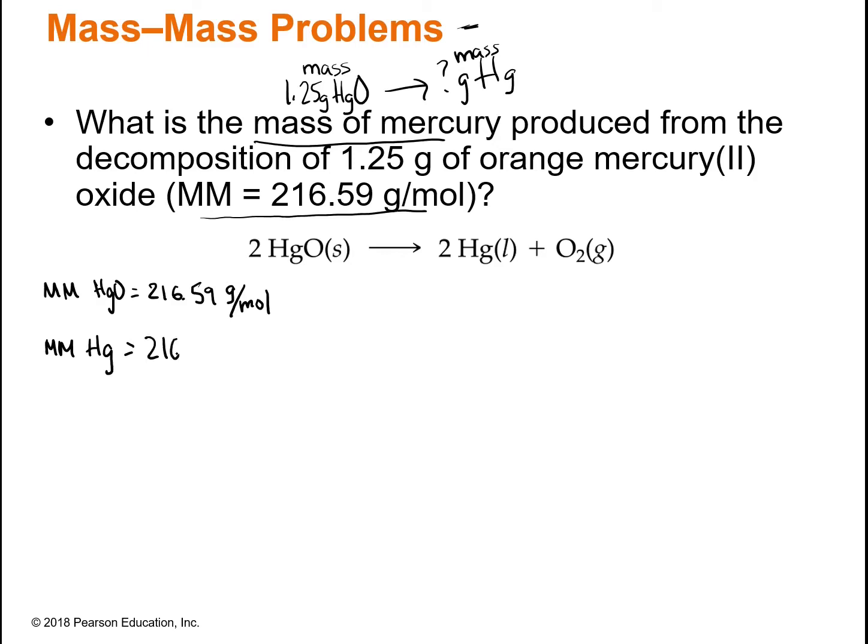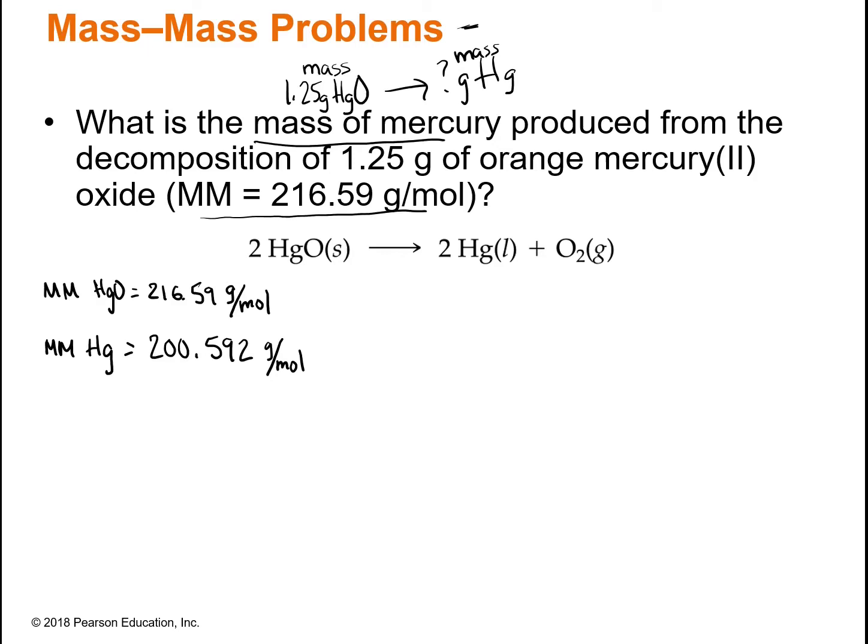When you do that, you'll see something in the ballpark. Oops. I just rewrote the one for mercury oxide. That's not right. You'll see something around 200.59. My periodic table has 3 decimal places after the decimal point. Yours may only have 2. That's okay.